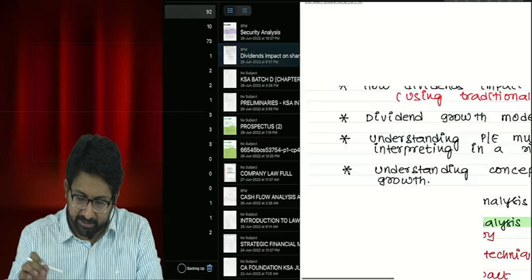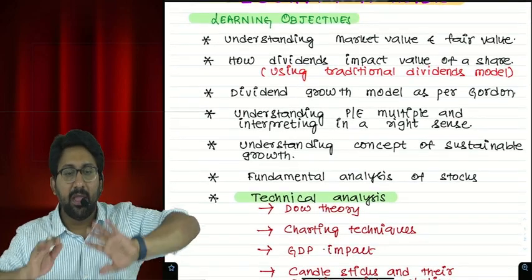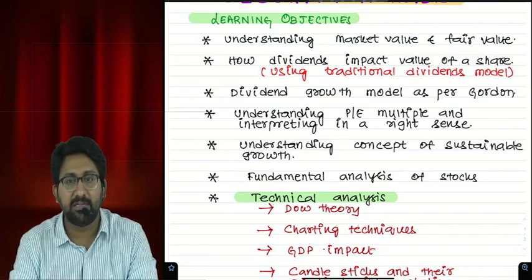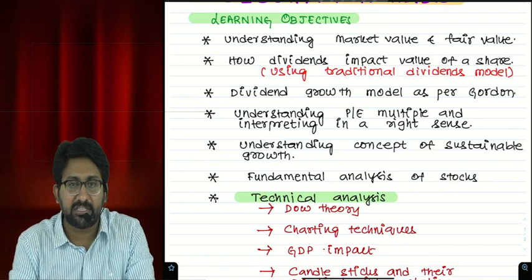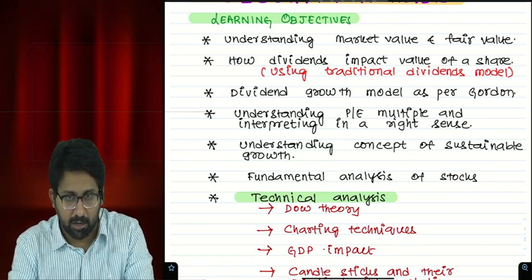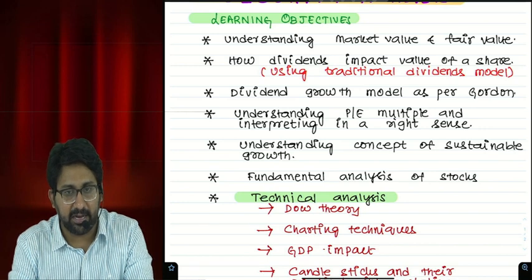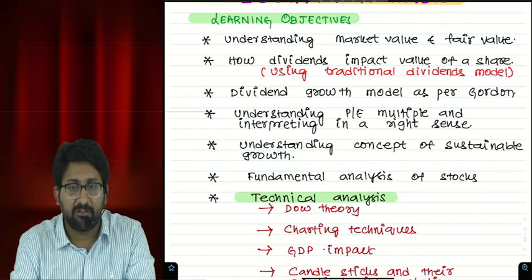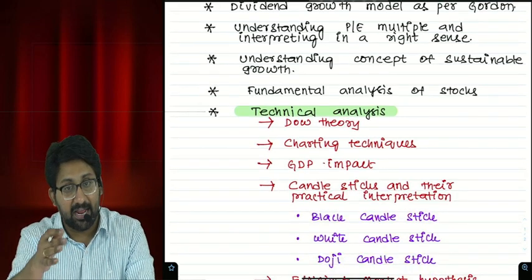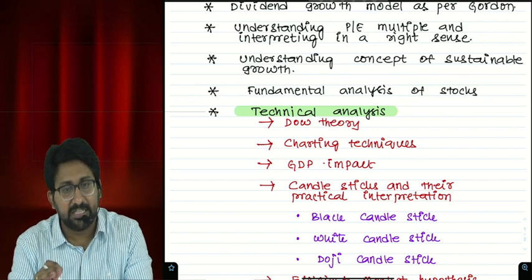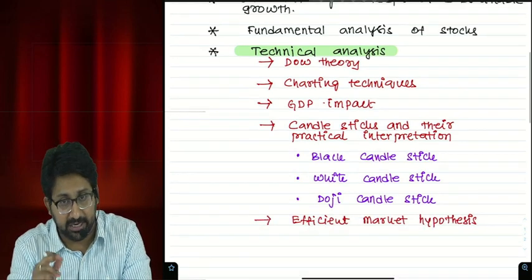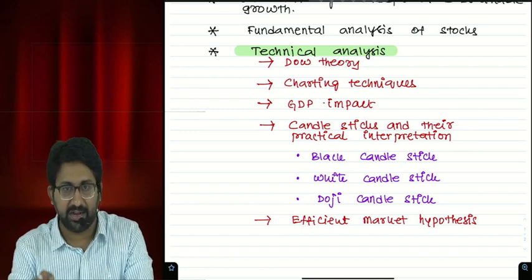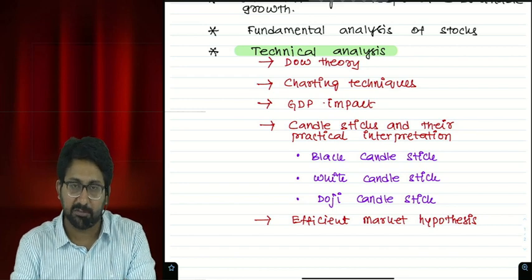See there, the learning objectives are understanding the market value and fair value, how dividends impact the value of a share using a traditional dividend model, the dividend growth model as per Gordon, understanding the PE multiple and interpreting it in the right sense, the concept of sustainable growth rate, fundamental analysis of stocks, technical analysis like Dow Jones theory, charting techniques, GDP impact, candlesticks and their practical interpretation: black candlestick, white candlestick, doji candlestick, and the efficient market hypothesis. These are all the various things we are going to do.